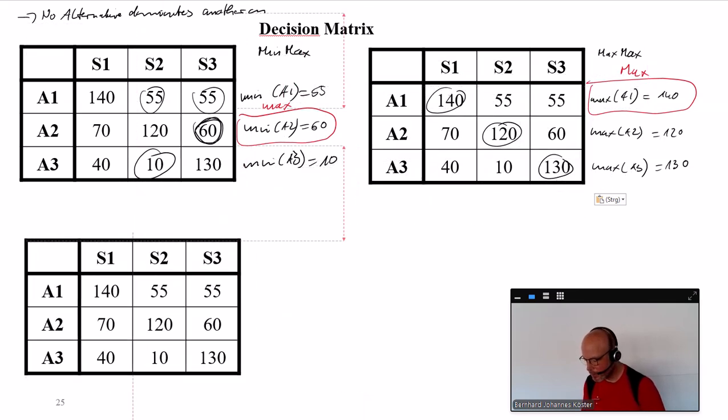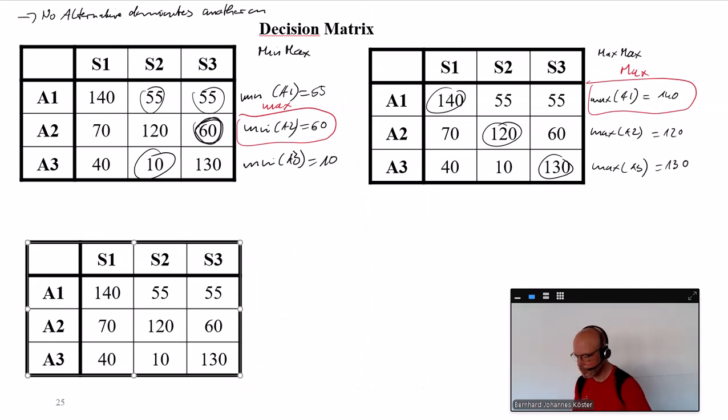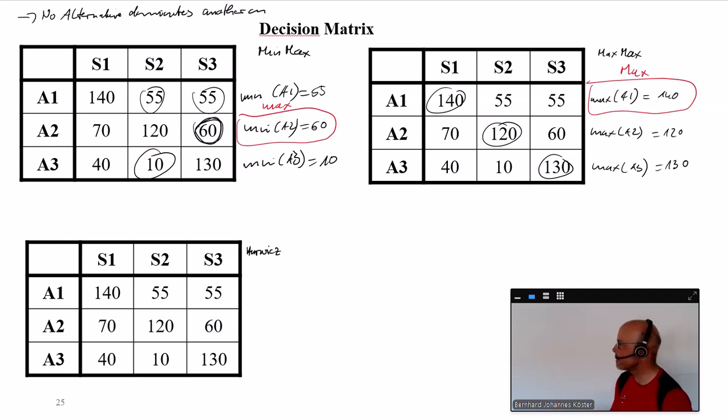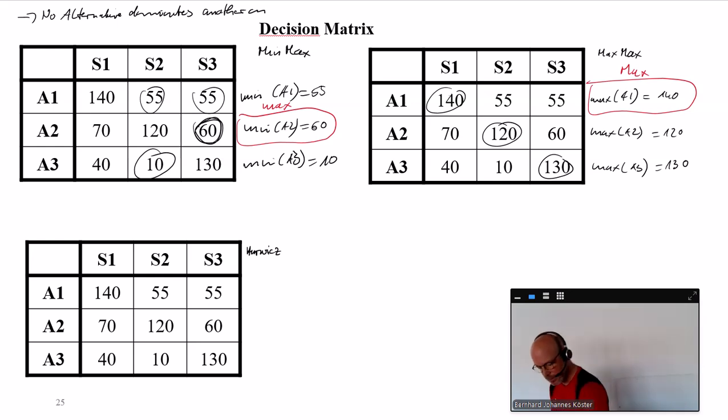And the last one, the Hurwitz rule. For this, of course, we have to choose an alpha. Let's say we start with alpha is 0.2.